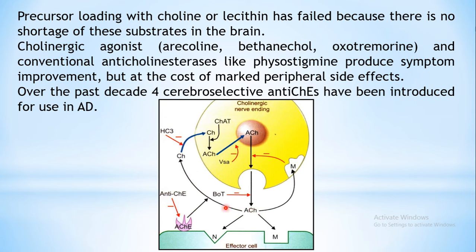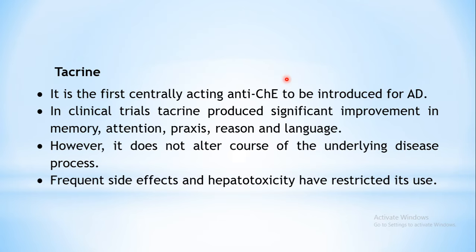And what kind of anticholinesterases do we want? We want the cerebroselective anticholinesterases. This is what is required, because it is the brain cholinergic system which is getting affected. There are only 4 anticholinesterases which are cerebroselective, and only these 4 can be effectively used in the treatment of Alzheimer's disease. The rest will only start precipitating the peripheral side effects.